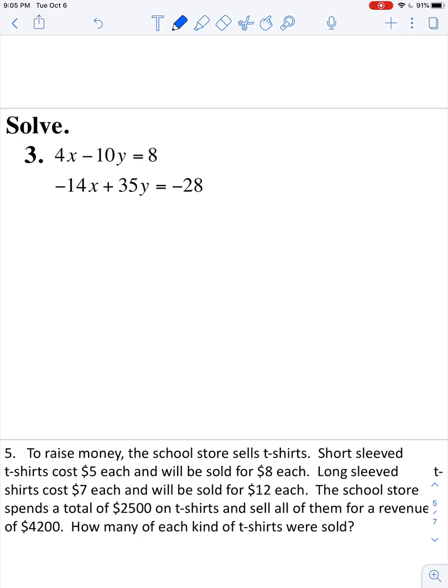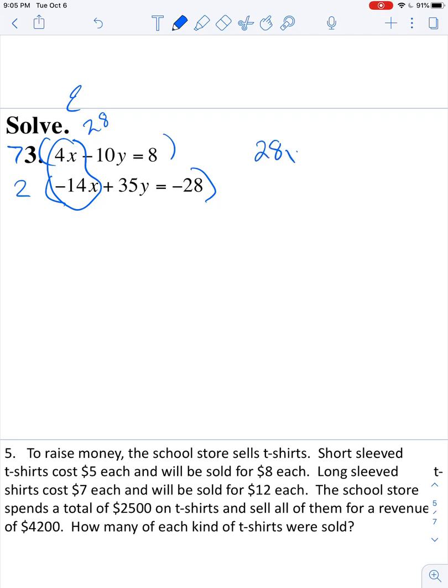There's not a great way to do either of these, but I'm going to turn both of these into 28 so I can use elimination. In order to make that a 28, I'm going to need to multiply the top by a 7. And they're already opposites, the top is a positive and the bottom is a negative, so I just need to multiply the bottom by a 2.